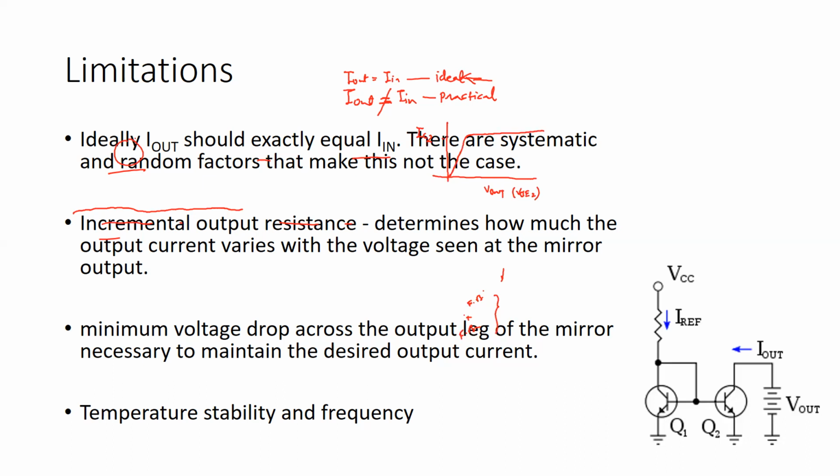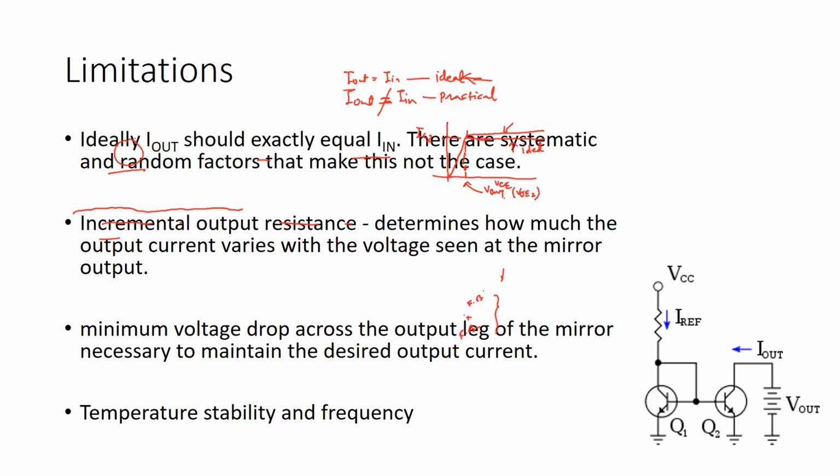Ideally your current should be like this, and this is the V out minimum, and this is your VCE. The slope of this curve determines the incremental output resistance, and the slope of this ideal curve, as I explained previously, means RO is infinite.